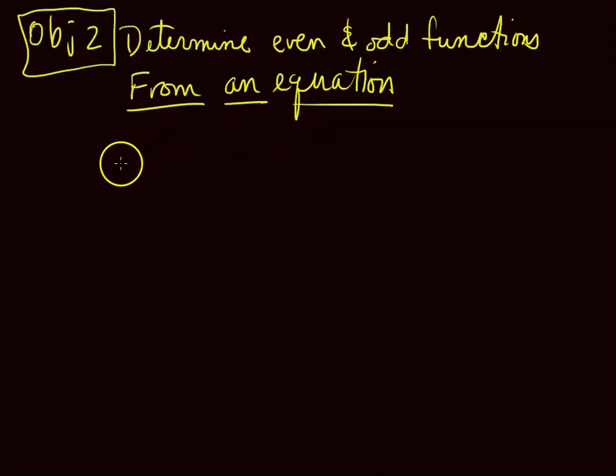Now, it's either even, odd, or neither. Let's take a function, h of x, that is, we'll say 5x cubed plus x. Now, when you look at this, at least when I look at it, I say, ooh, cube, that may be an odd function. But you really don't know until you check it out.